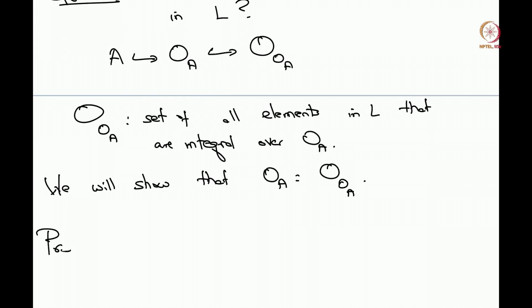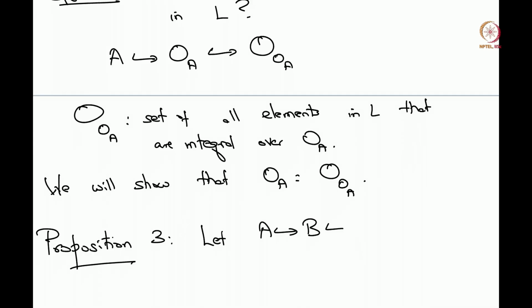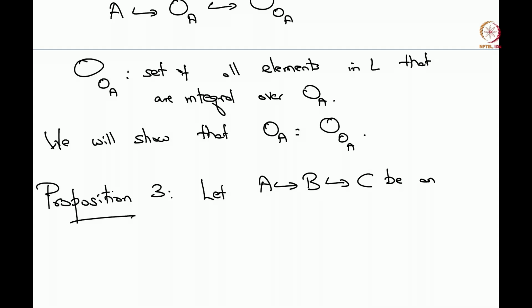So proposition, before that, suppose you have an inclusion of domains A sitting inside B sitting inside C. And let's just suppose that they all sit inside some common field, as we've been supposing.